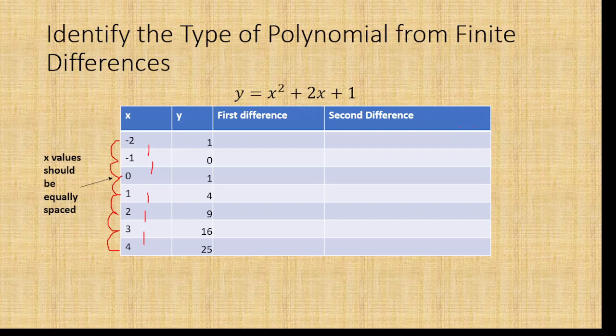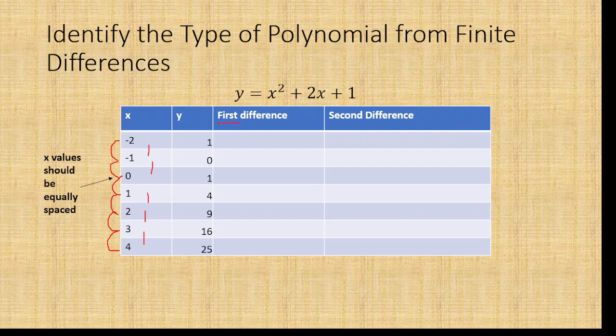Once you have checked this, then we look at the values of y. The values of y can come from this equation, y equals x squared plus 2x plus 1. So if you substitute the corresponding values of x in this equation, you'll be able to get the value of y. Now we have to find something which is known as the first difference.